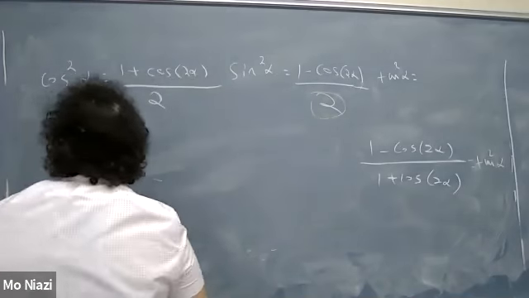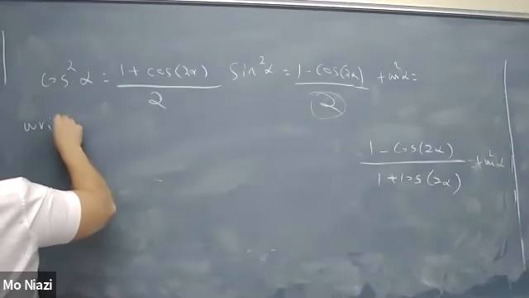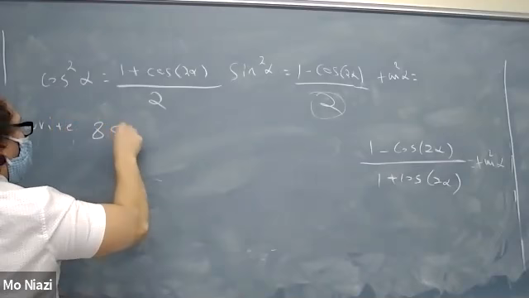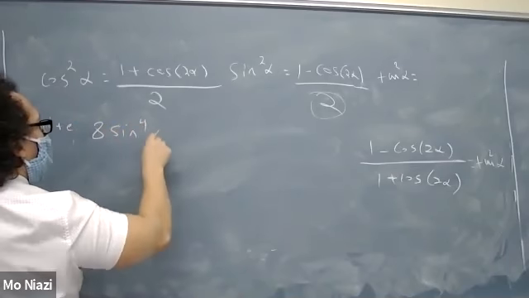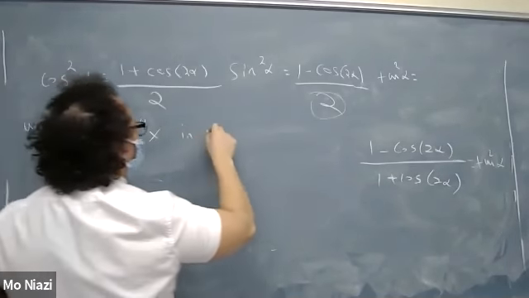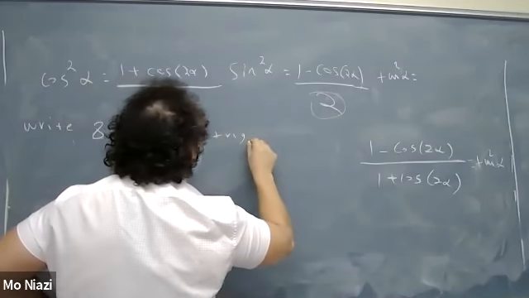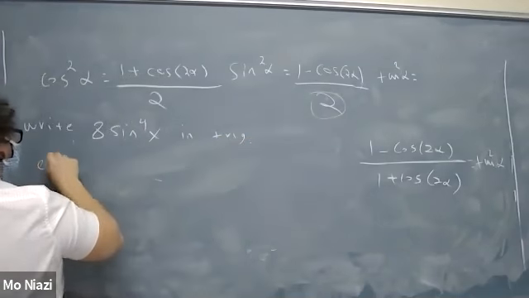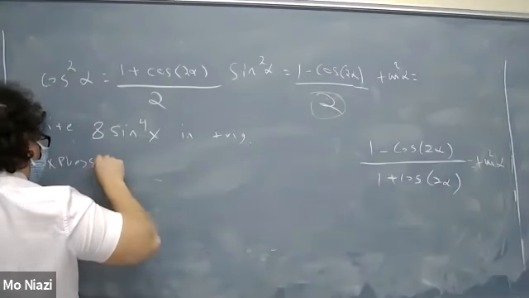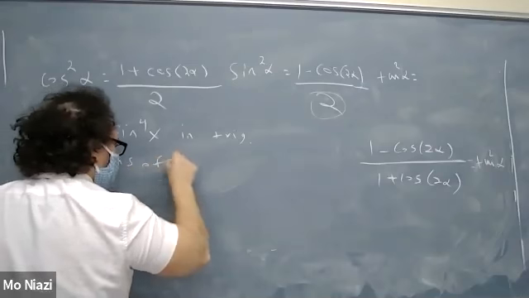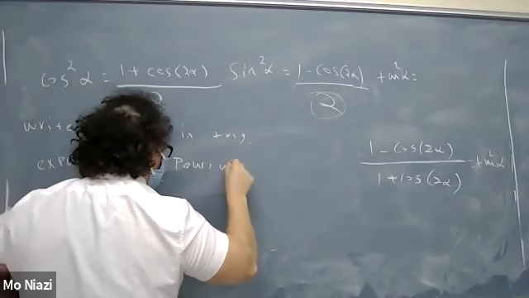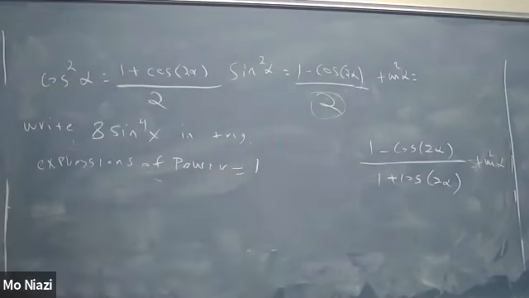So what we aspire to do is reduce the power of 8 sine to the 4th x.